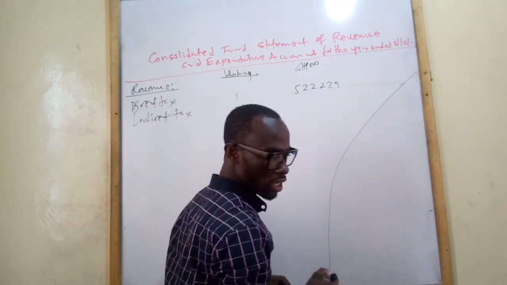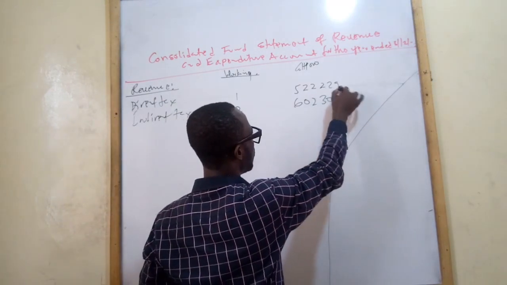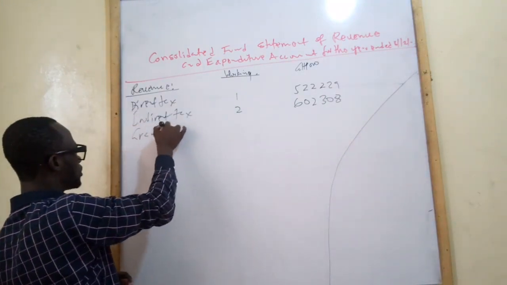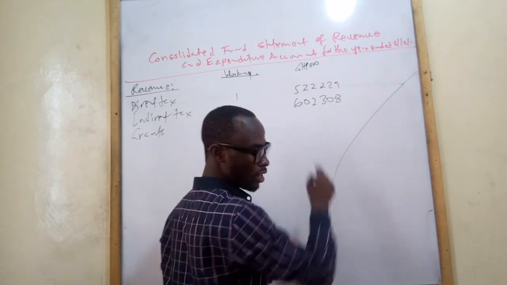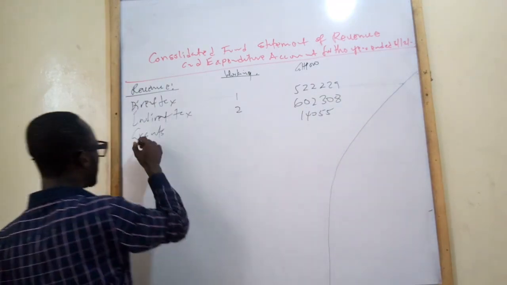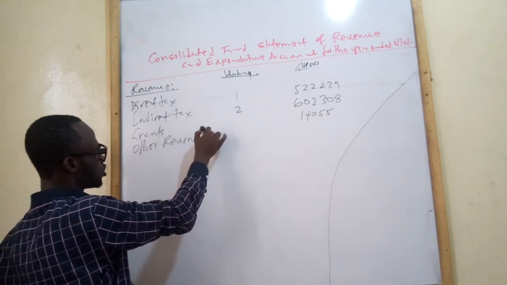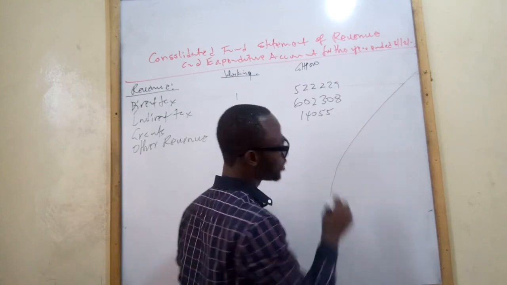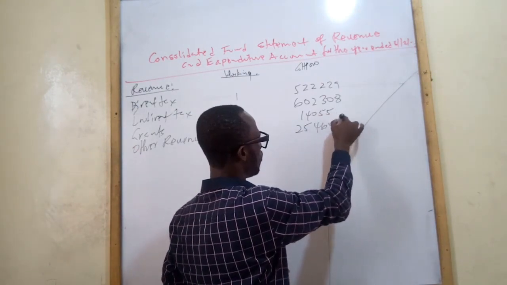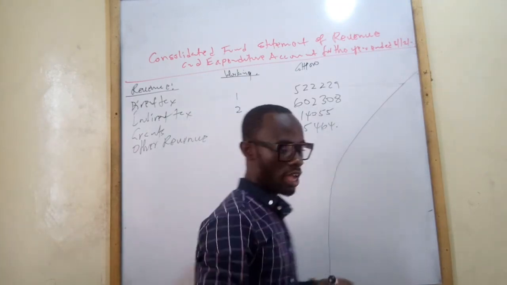That's workings 2, and that is 602,308. And then we had grants. I told you it's an item we bring straight up. That is 14,055. And then we also had other revenue. That's also an item we just slot straight on the face of the financial statement, 25,464. So these are the total revenue for the government.